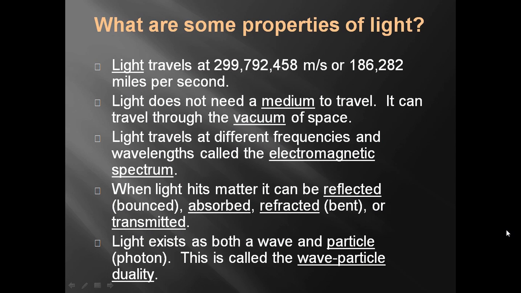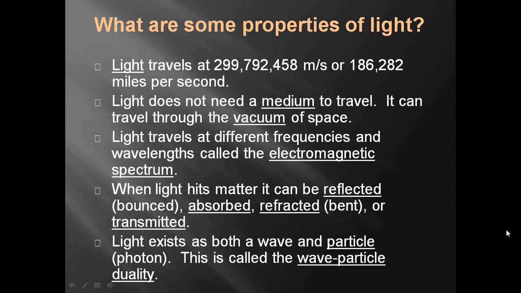There are several properties of light, and there's also properties of sound, two different kinds of waves. We want to be able to tell the difference and compare these two types of waves. Light waves travel extremely fast, much faster than sound, and they do not need a medium to travel through, so they can travel through the emptiness or vacuum of space.